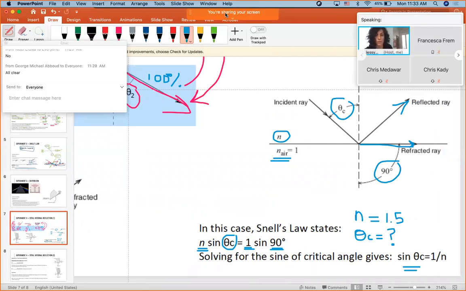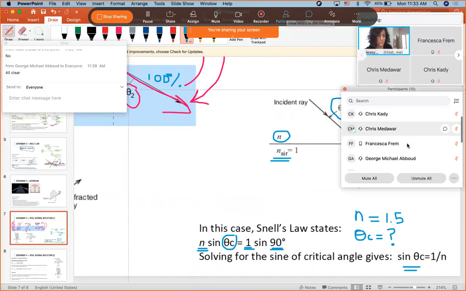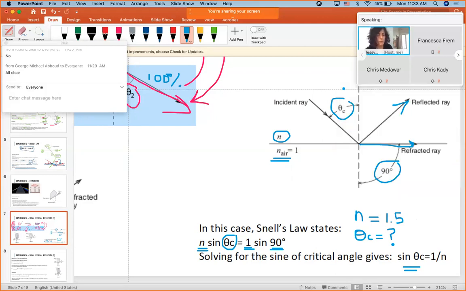If there's no volunteer, probably I can pick someone. No volunteer. Ramza, can you do the calculation for me? Ramza, hello? Yes. All right, just grab a calculator, take your time.